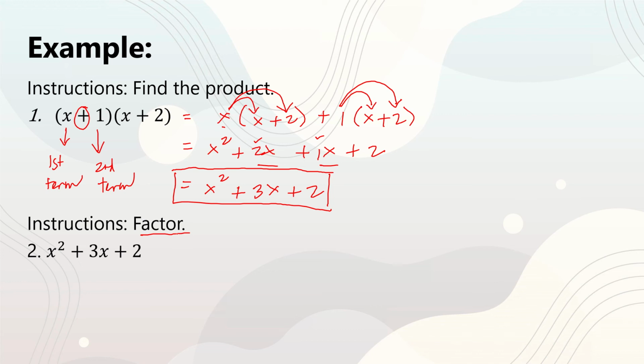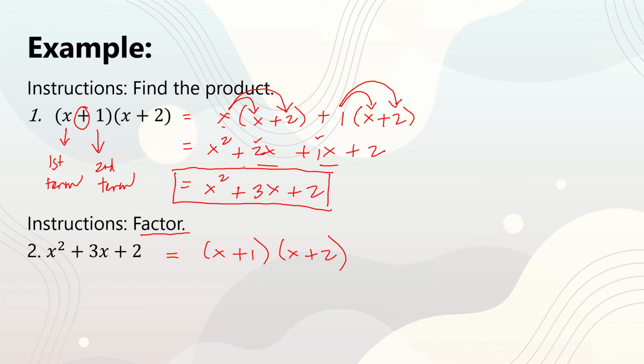Very good. Good observation. If you notice, number 2 is actually the answer in number 1. So that means the answer here is x plus 1 times the quantity x plus 2.